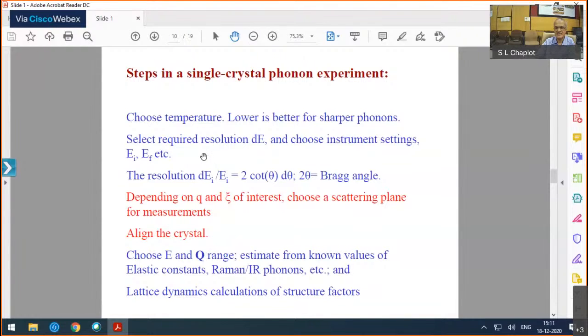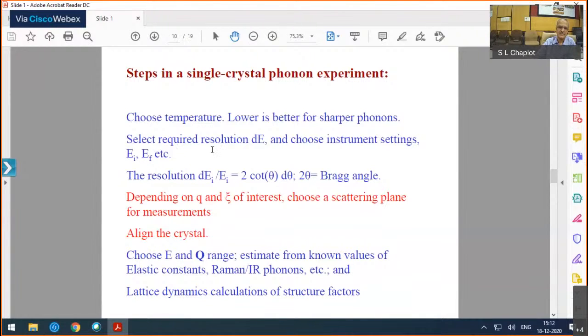Or if it's a time-of-flight spectrometer, then what is the flight length, the total distance over which the neutron travels, what are the average energies, what is the flight time, what is the resolution of the electronics which measures the flight time, and so on and so forth. So resolution is a very important consideration in making measurements.